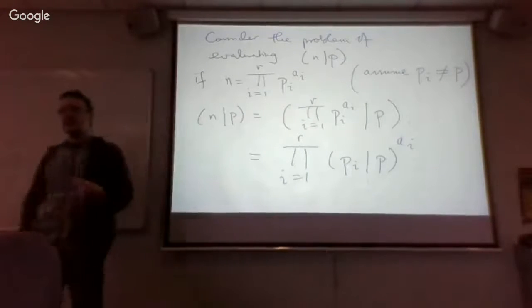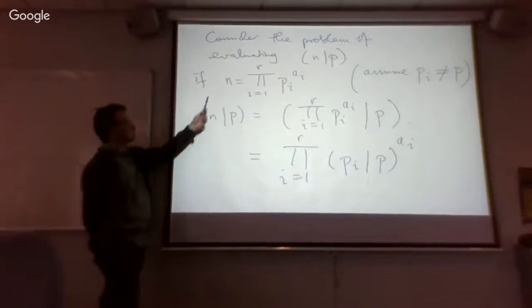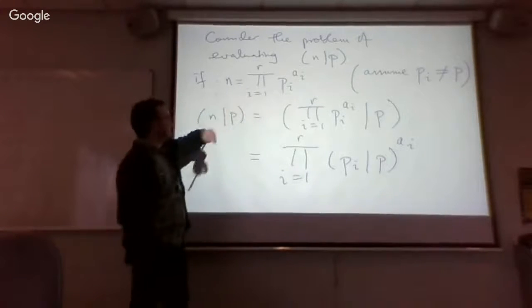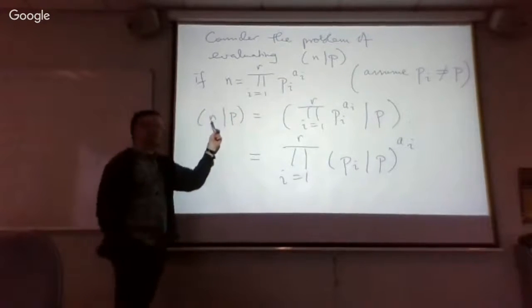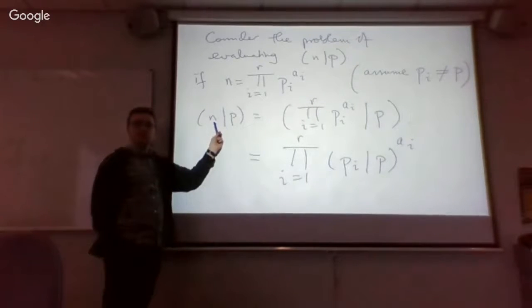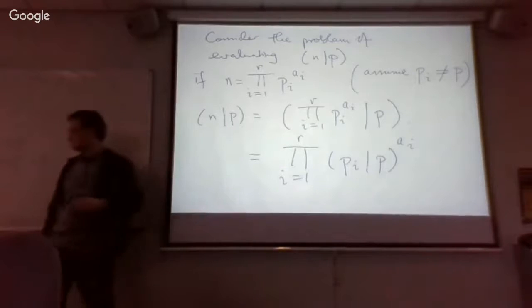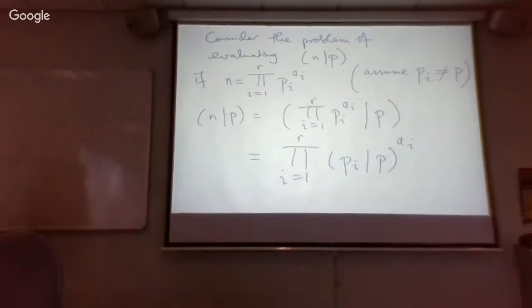If you can answer that kind of question, then armed with the prime factorization of any integer, you can answer the question of what's the evaluation of the Legendre symbol of n on p. So that is kind of in the background. We hold that thought in our minds.